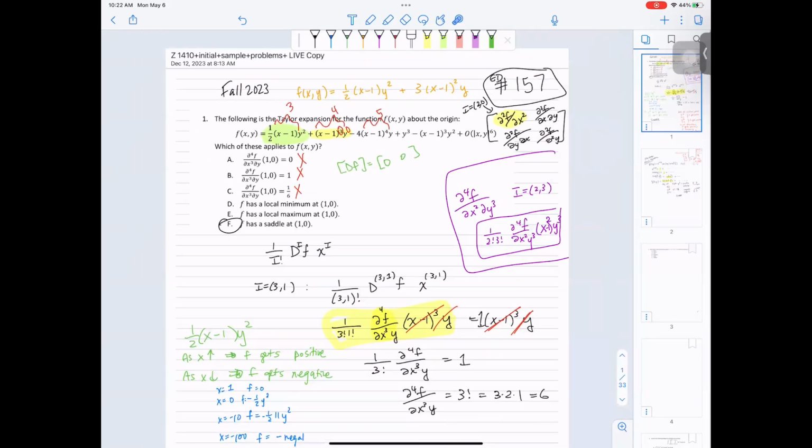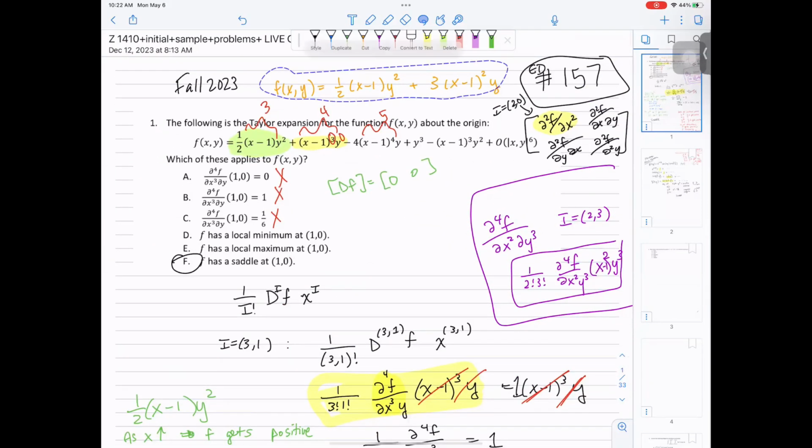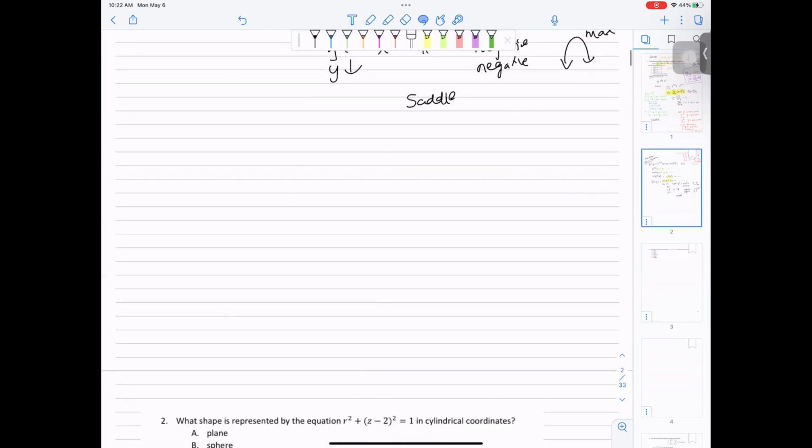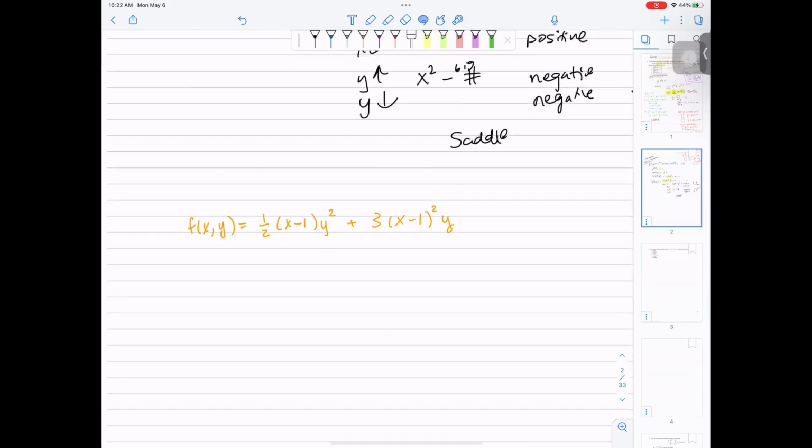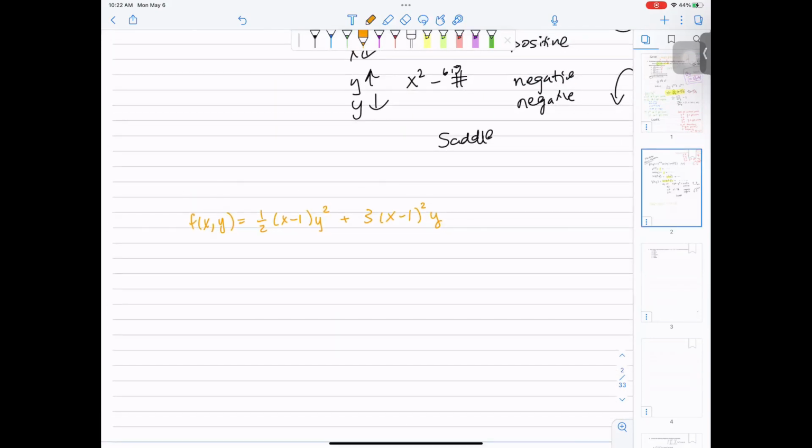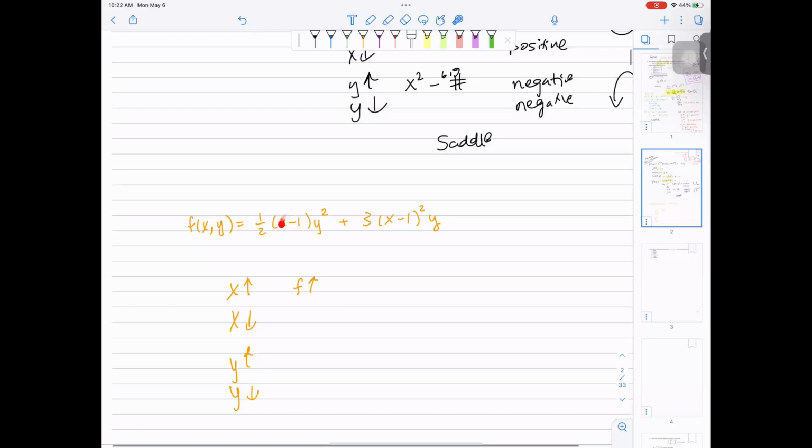So you would do the same kind of thing. If you had 2 degree terms like this, let me write this down here. You would look at what happens as x increases, as x decreases, and what happens to y's. So let's see. As x increases here, this number gets bigger, this number also gets bigger. So f increases. As x decreases, this becomes a negative number, right?